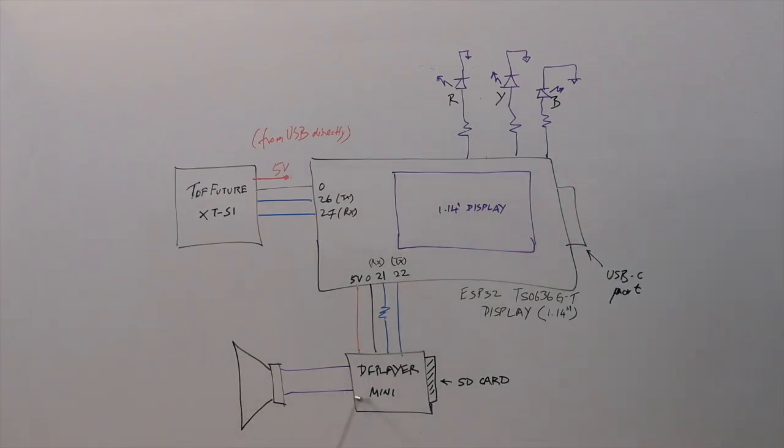You could also drive this into a headphone jack if you wanted to do that. So from an initial development point of view, I think this is a good setup for just the hardware portion of it, although it could be improved and expanded.